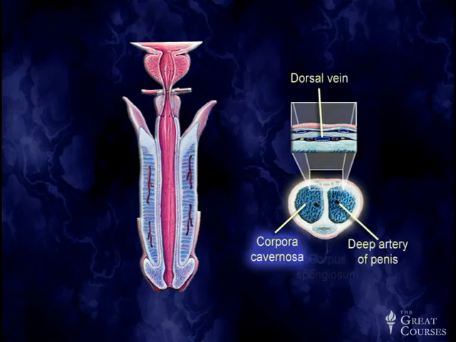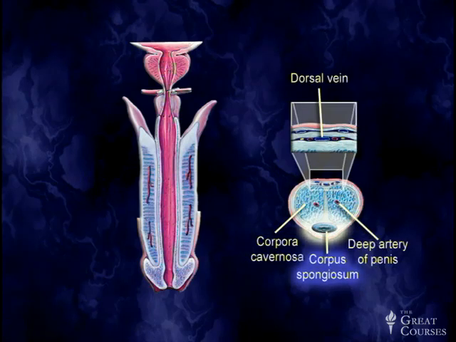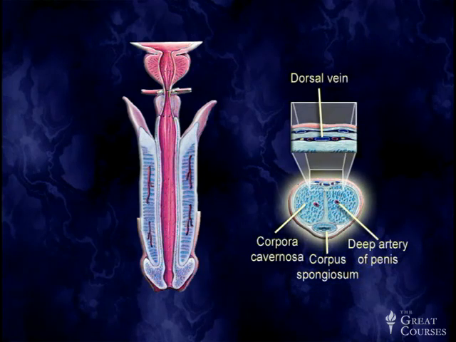There's also one on the bottom called the corpus spongiosum, which protects the urethra. And the whole thing is covered in the same covering, continuous with the one we saw around the scrotum.